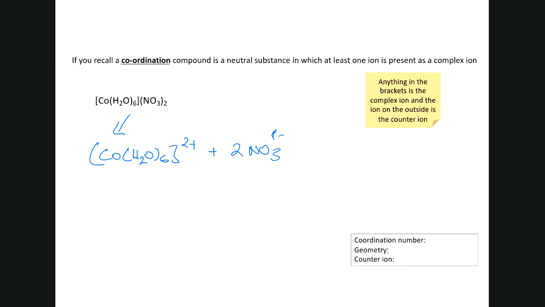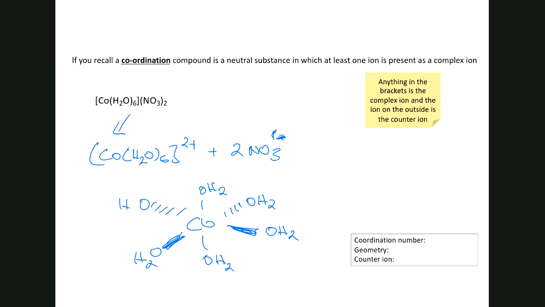This is minus, and then we had drawn it out. So that will be what our structure looks like. Again, our counter ion will be nitrate, which will be NO3 minus. Our geometry would be octahedral, and our coordination number is 6.